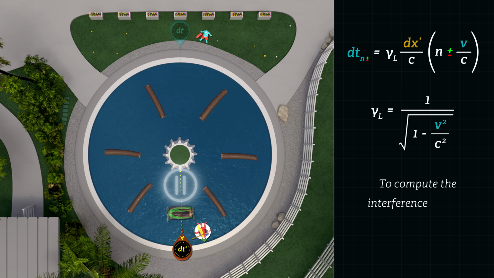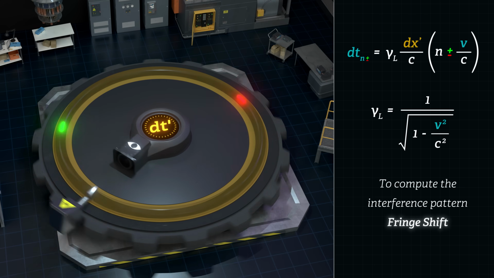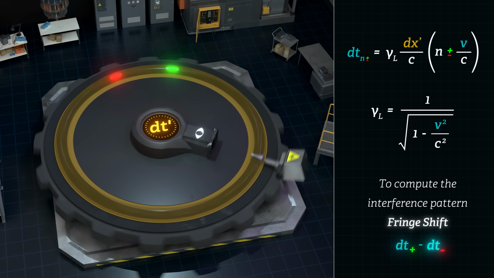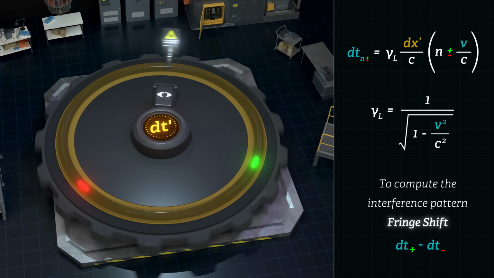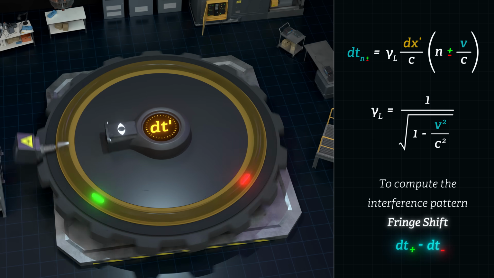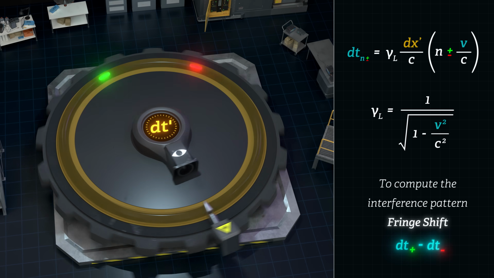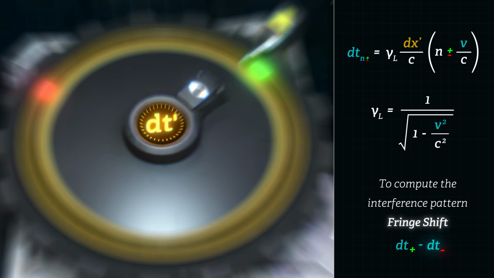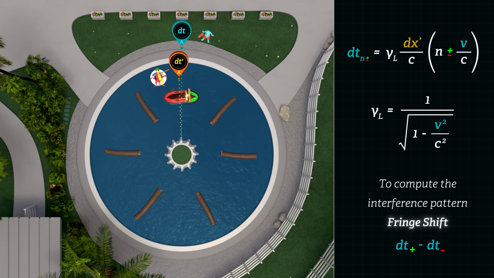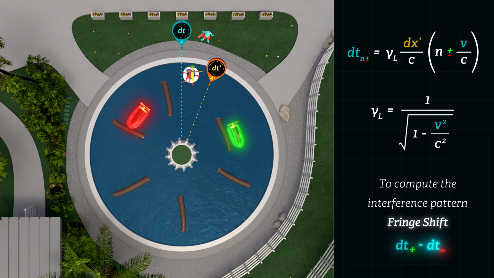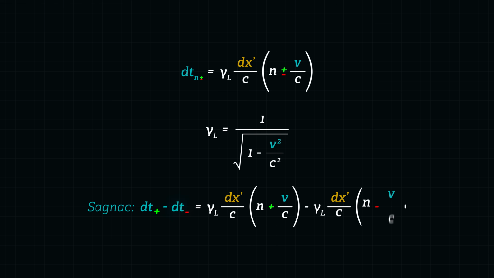To compute the interference pattern fringe shift created by the positive and negative light signals in a Sagnac device, we will need to compute the time difference for the light to travel in the positive versus the negative directions, or in the river analogy, the time difference for the hovercraft to travel downstream versus upstream. And so we subtract the upstream time formula from the downstream time formula.